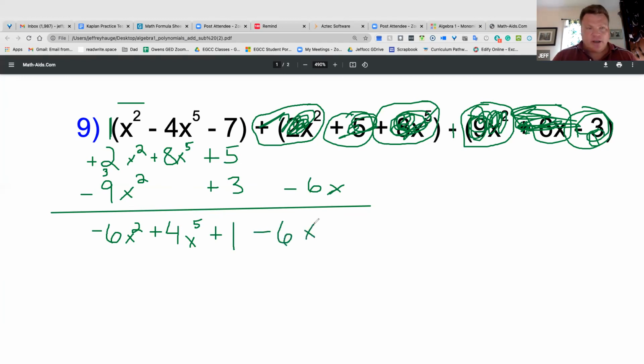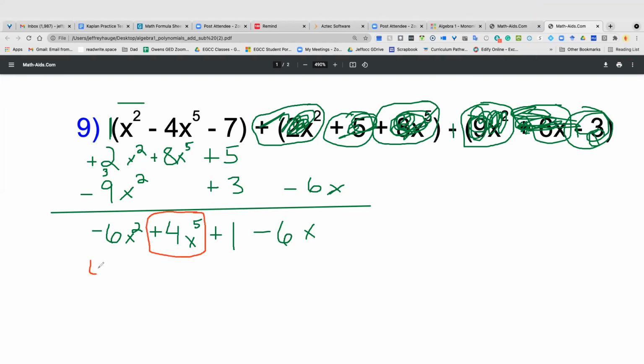Now, if we have to reorganize this, we go by most complicated to least complicated. I'm going to change my pen color so don't get too sloppy. This is the most complicated, x^5. Just give me a push. You got a pushy kid. Calm down. So that goes there.